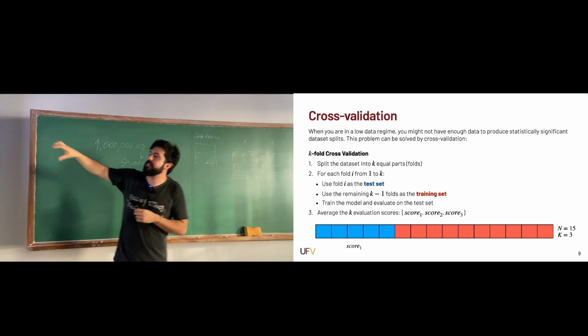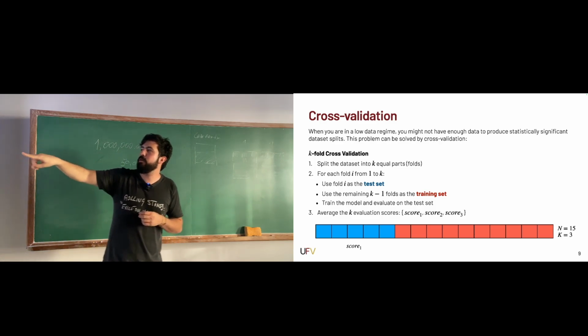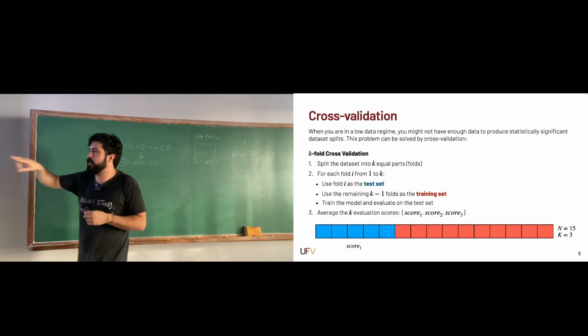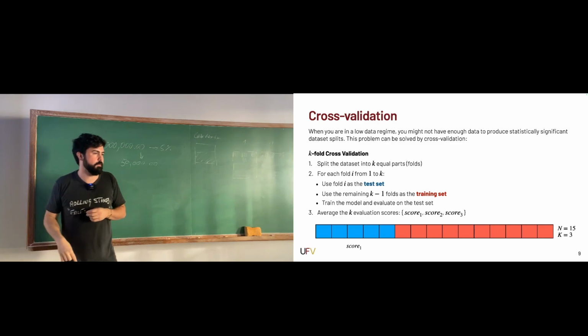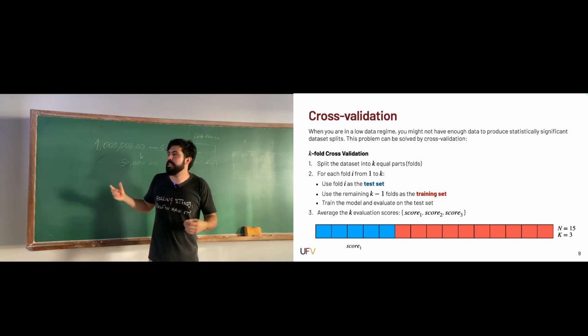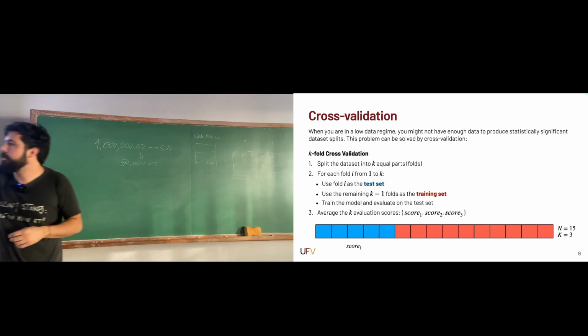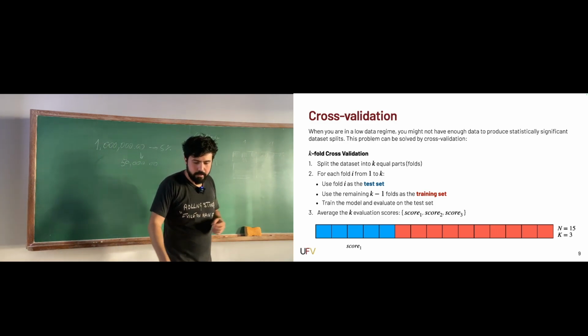So the fold is what you see in blue there. I'm going to use this fold, the blue data points, for testing, and the red ones for training. Okay. So I train the model, and I calculate my testing error or testing performance.